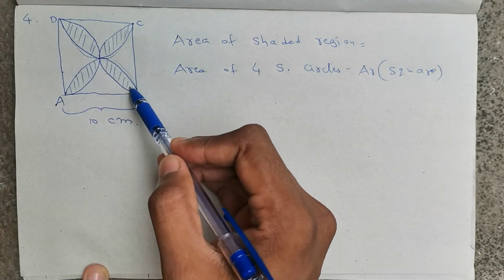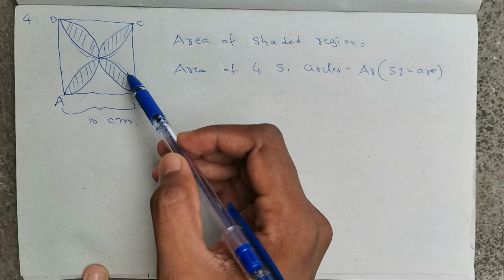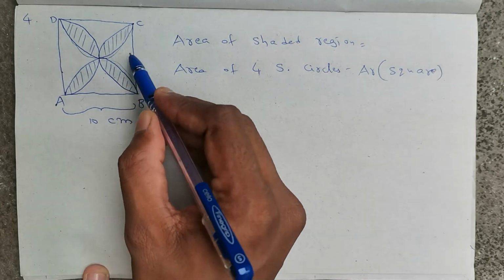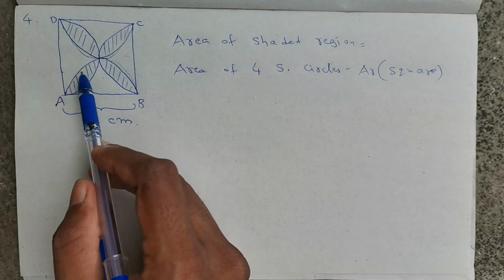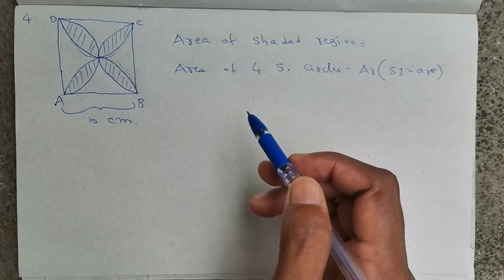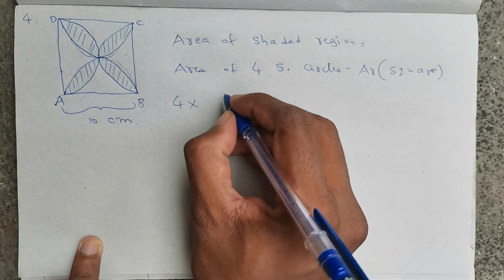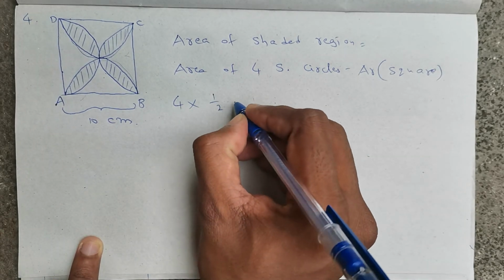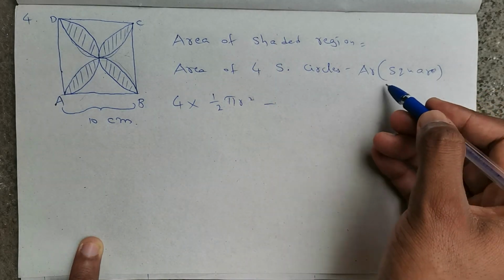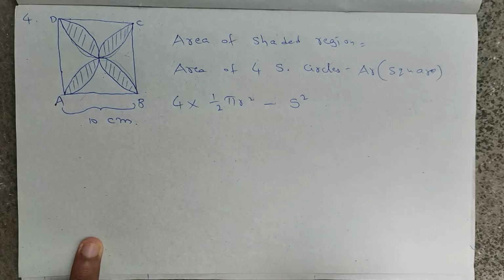Because if we remove this square area from the semicircles, this total gap part will go, then we will remain with this shaded part. Now first let us find the semicircle areas. Here 4 is there, so 4 into semicircle area 1 by 2 pi r square minus area of the square, side into side, otherwise side square.